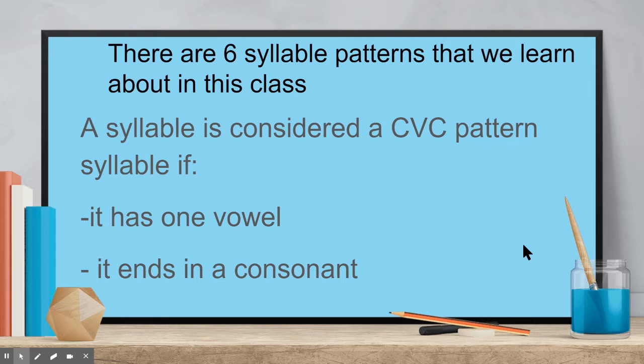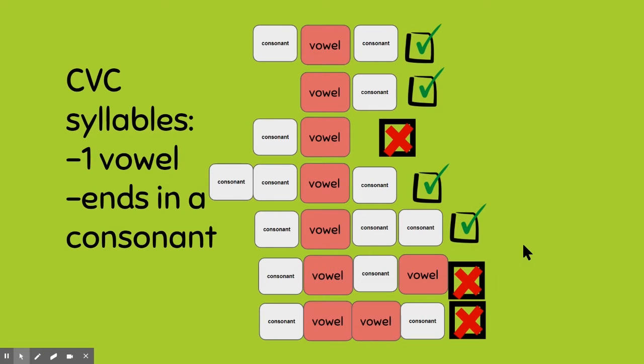So the rule for a CVC syllable is that it has 1 vowel and it ends in a consonant. So it can have 2 letters. As long as the consonant's at the end, it will still have a short vowel sound, right? You can also have 2 consonants at the end. That's okay. It will still have a short vowel sound.